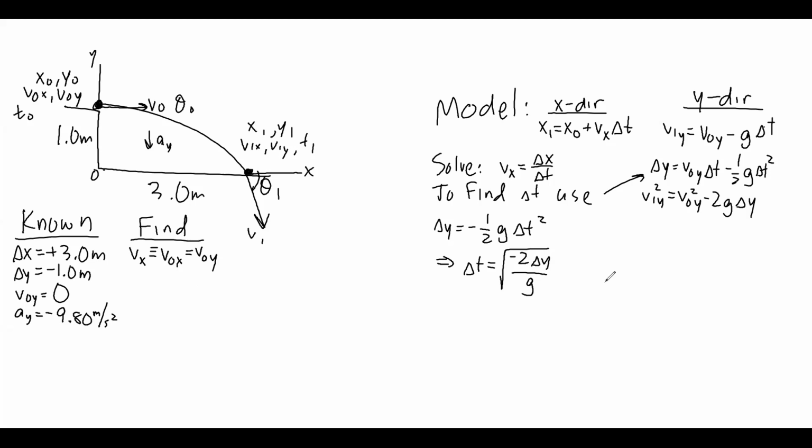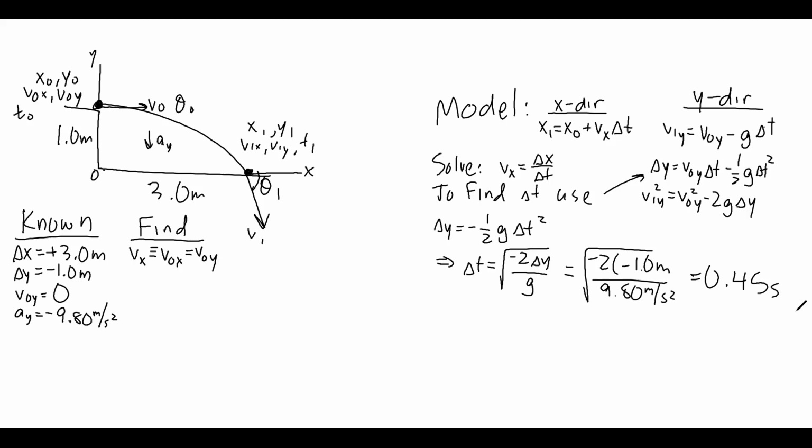You'll be left with, in this numerical example, the square root of minus 2 times minus 1.0 meters over, technically plus, I guess it would just be 9.80 meters per second squared. And so we get an answer of 0.45 seconds.